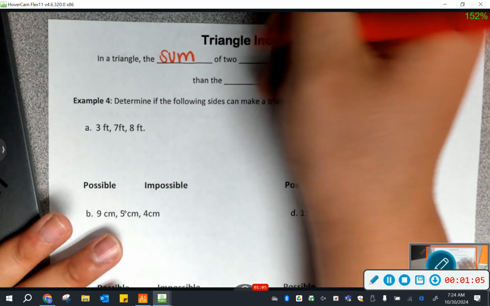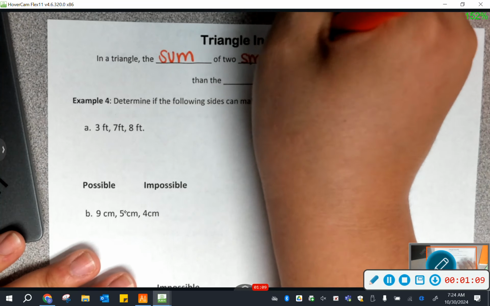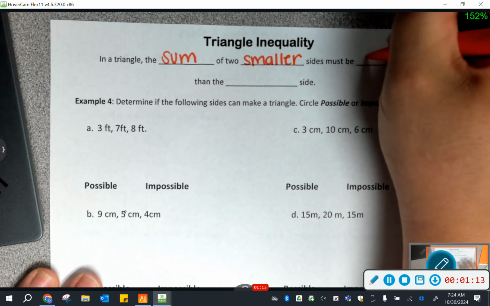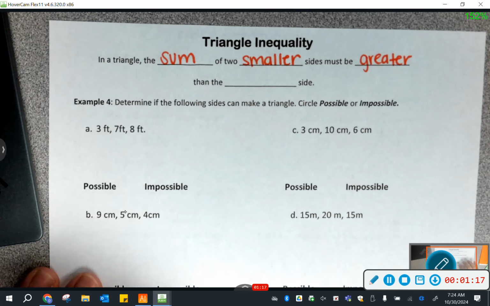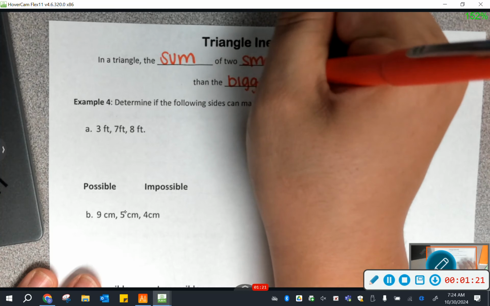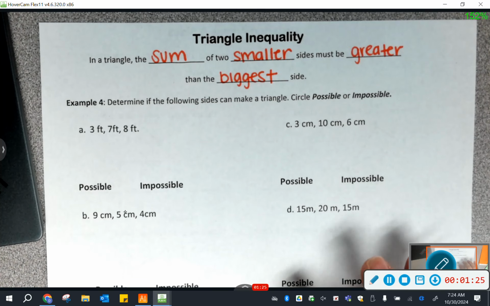Adding of the two smaller sides must be greater or bigger than the biggest side. So please fill in those blanks.